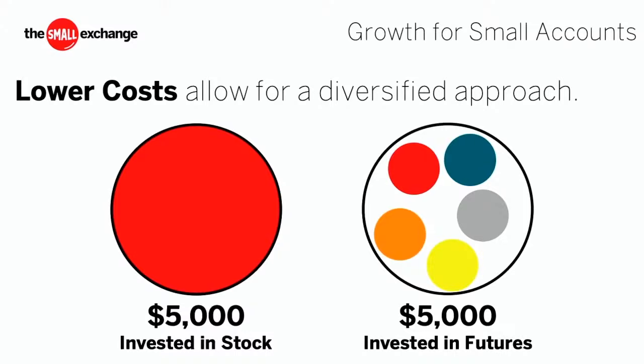All these different things you now have the room to do, given the efficiency of these products, and you've got that growth still working at a better rate than it did with the full investment in stocks.